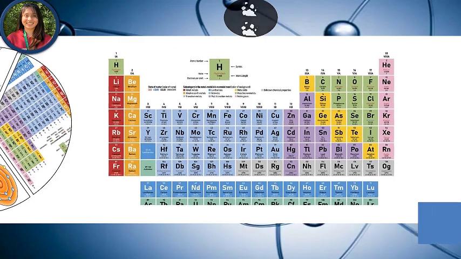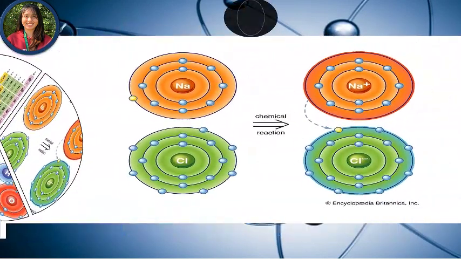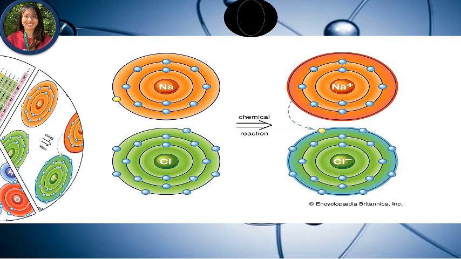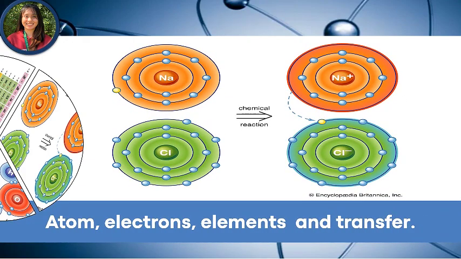What do you think this image represents? If your answer is table of elements or elements, then your guess is right. How about this next image? If your answer is among atom, electrons, elements, and transfer, then your guess is correct.